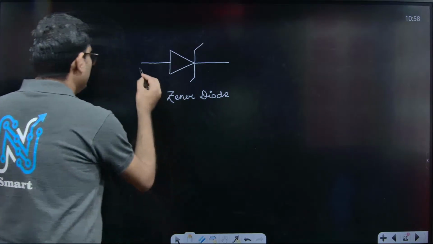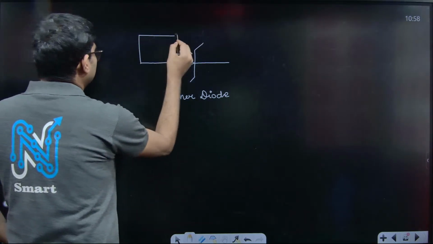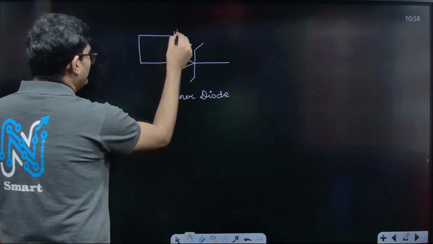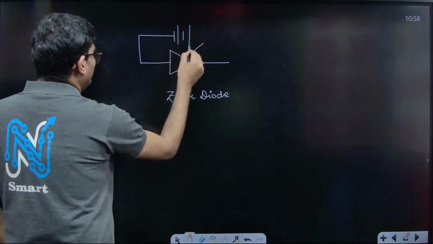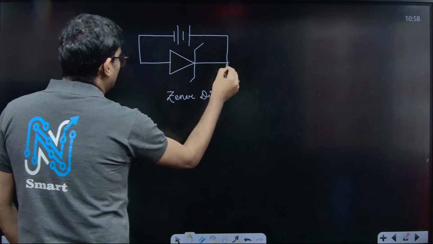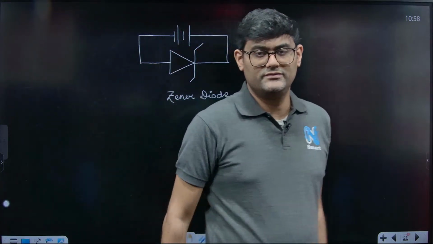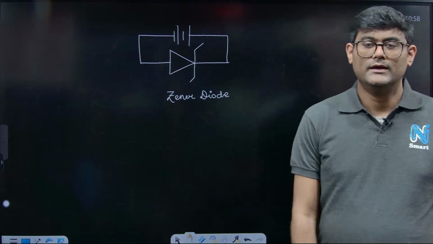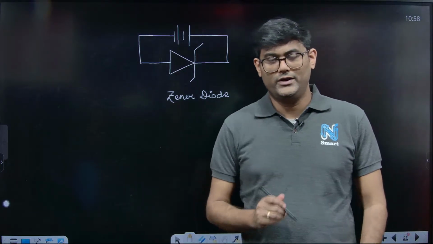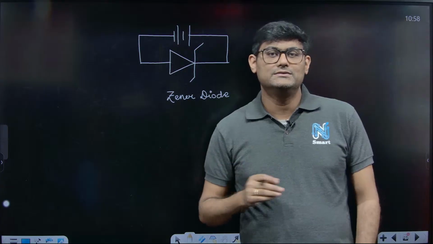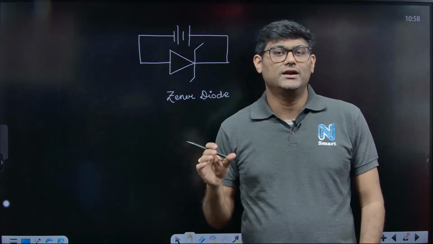And here, because this is the positive side, I will connect it with the negative terminal of the battery and this becomes your reverse bias diode, and the Zener diode will work in this reverse bias condition.